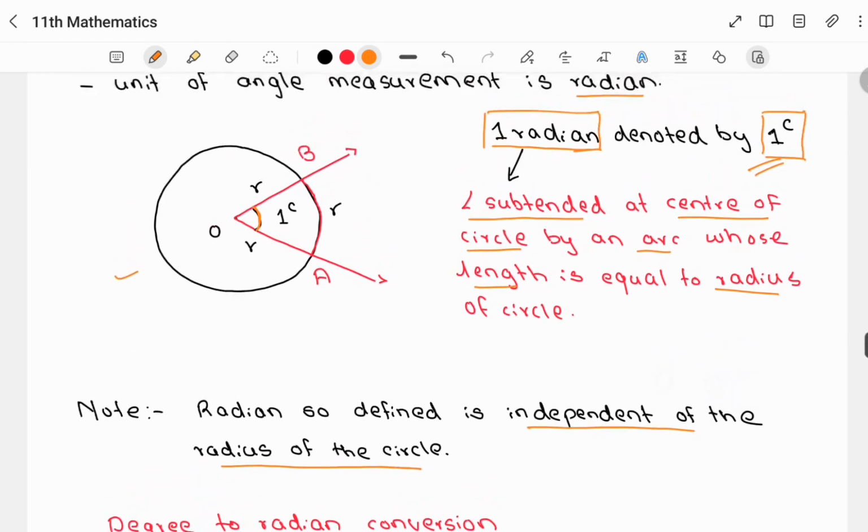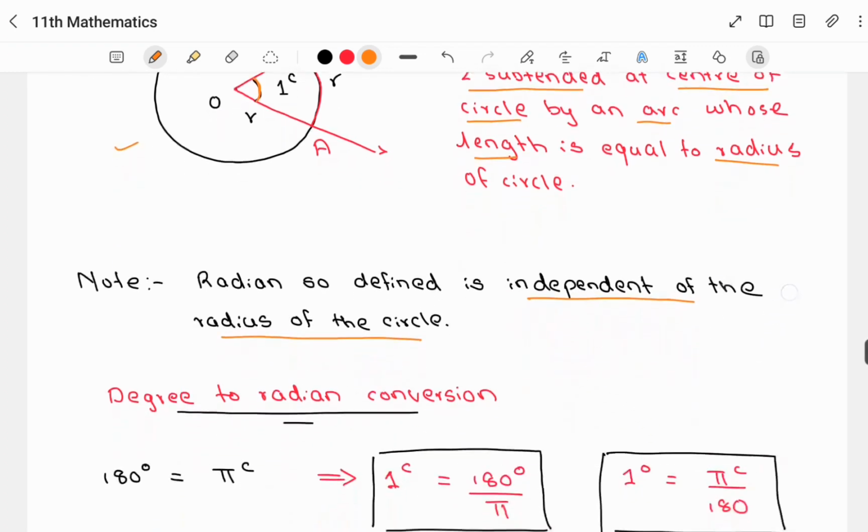So whatever the radius be, 1 meter, 2 meter, 3 centimeter, 1 millimeter, if the length of the arc is equal to the radius of the circle, then the angle subtended by that arc at the center of the circle will always be 1 radian.